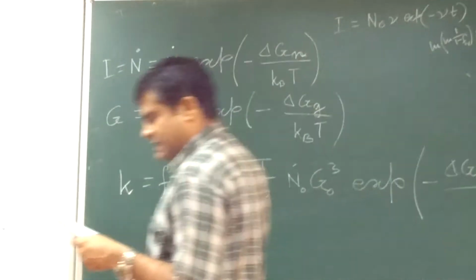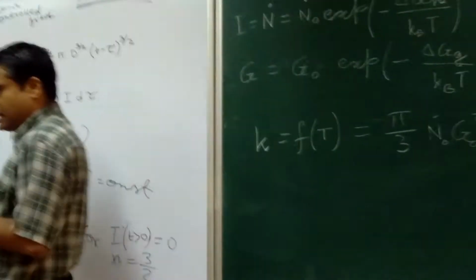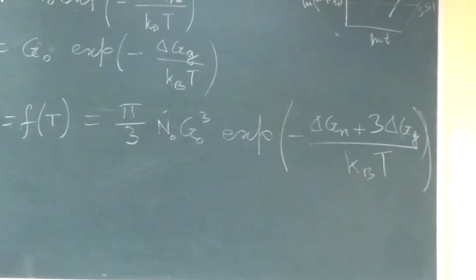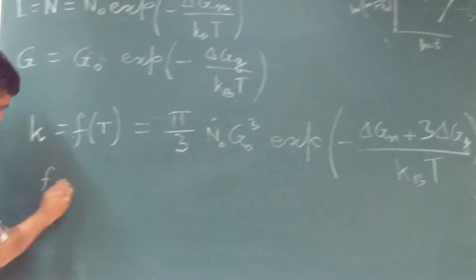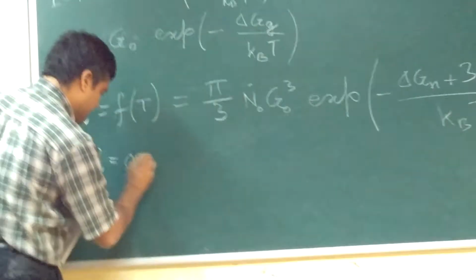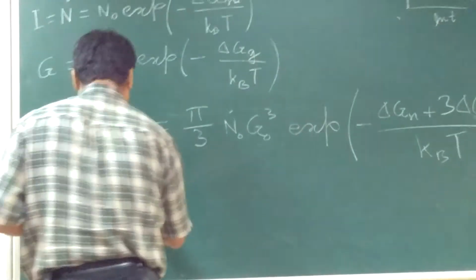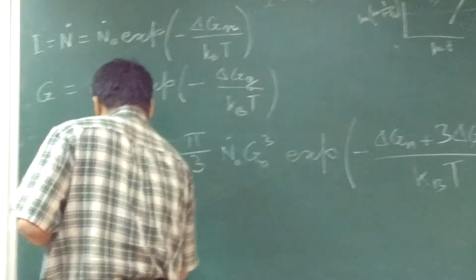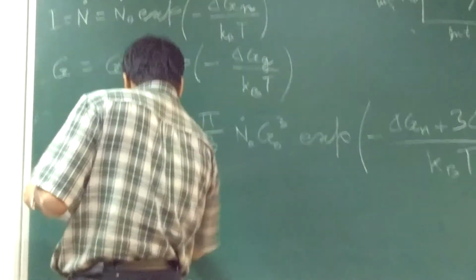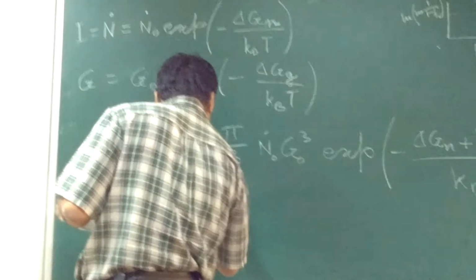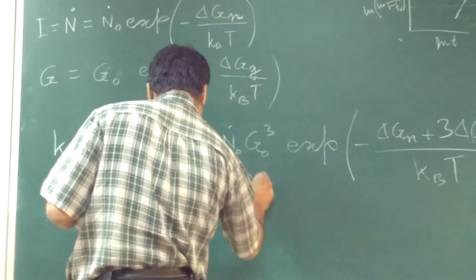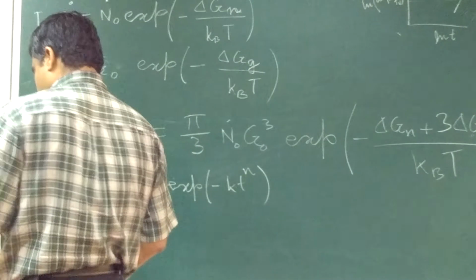So how can you determine experimentally the activation energy? Say, for example, you take Fv equal to 0.5, say 50% transformation. Your Fv equal to 0.5 means 0.5 equals 1 minus exponential of minus (kt) to the power n.